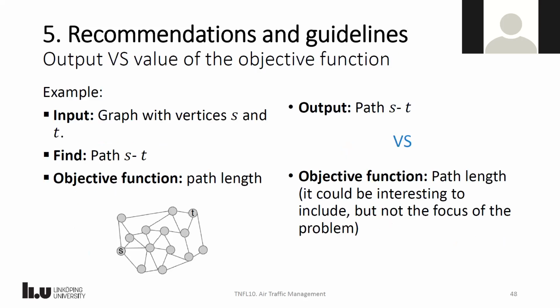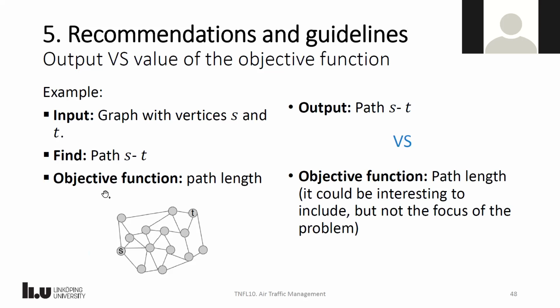Also another guideline: we have to know the difference between the output and the value of the objective function. For example, here we have a graph with vertices, and there are 2 vertices S and T, and we want to find the path from S to T. So our output would be the path.